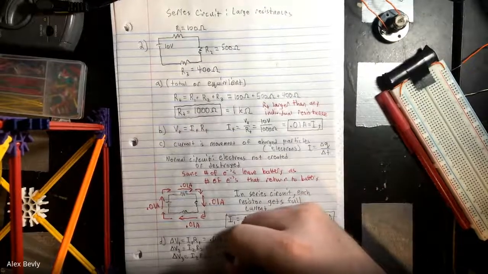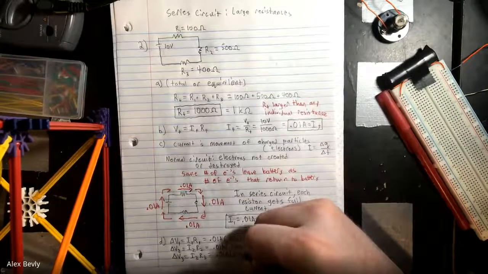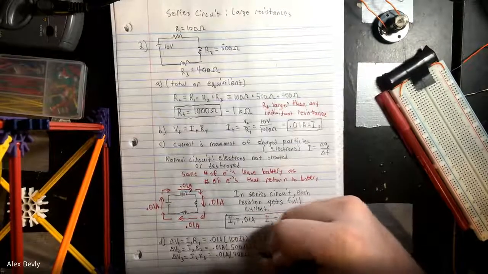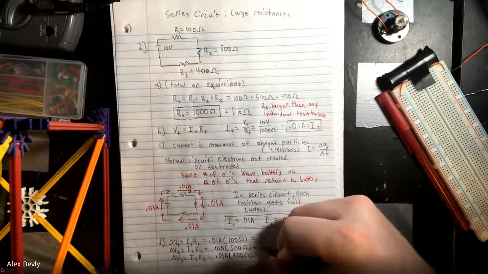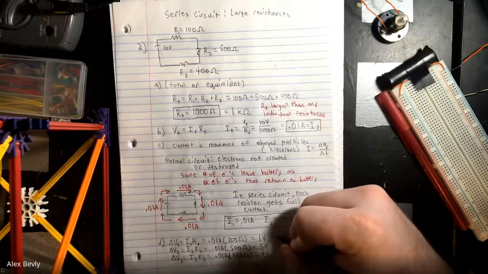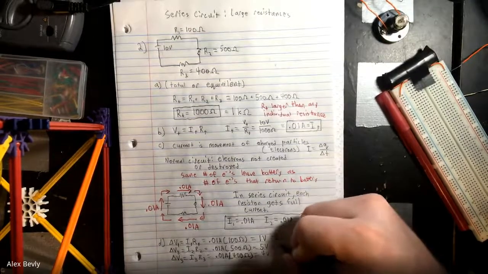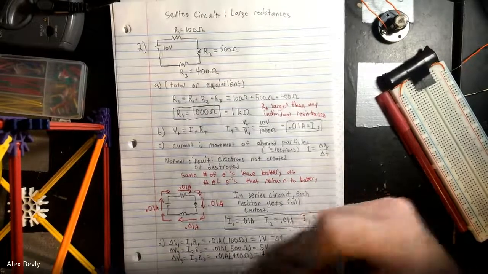And then 3 is the 400 ohm resistor. And it's almost like I chose nice, easy numbers. 500 times 0.01 is 5. And 400 times 0.01 is 4. Voltage drop for 1, voltage drop for 2, voltage drop for 3.